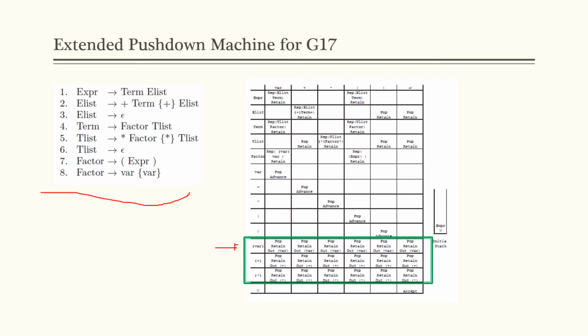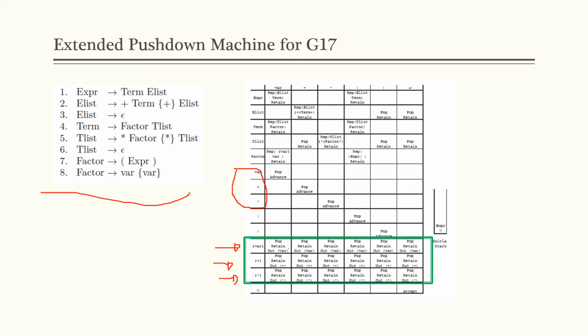The symbols inside the curly brackets are different from the ones on the top here. Those on top are not actions, they are strings inside the grammar, but we add the action symbols in curly brackets. So for every column of the pushdown machine, we put pop, return, and out variable if it is a variable.